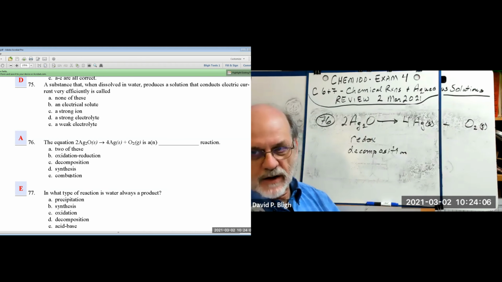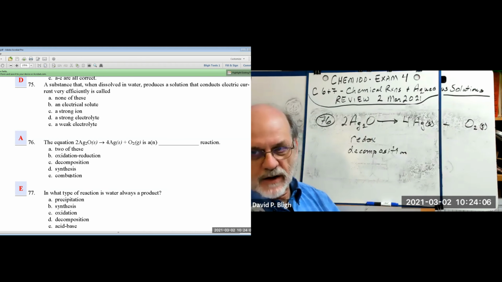Okay. So we're going from oxygen 0 to oxygen 2- in two places, right? So it gains electrons, which means it's reduced. Remember OIL RIG? Oxidation is loss.